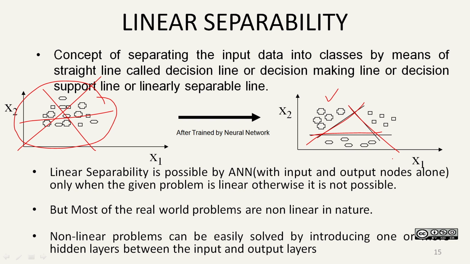But what we actually face is that most real world problems are non-linear in nature. I will discuss the word non-linearity in detail in the subsequent presentation, but as of now you should understand that the task of categorizing or separating the data into different classes may have non-linearity also.